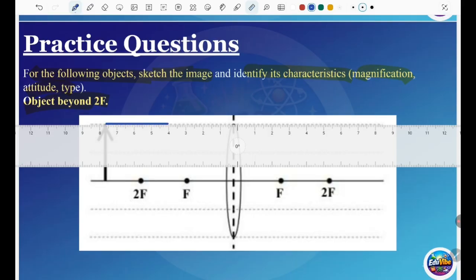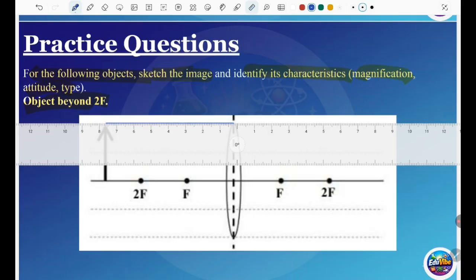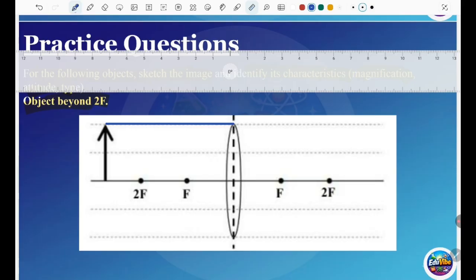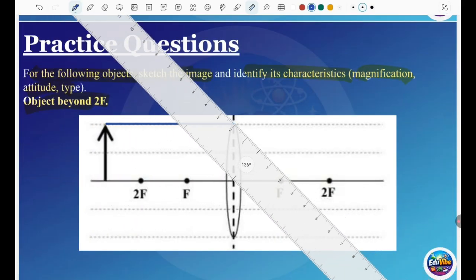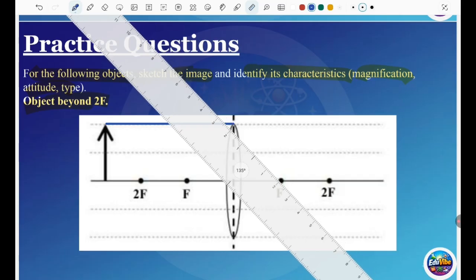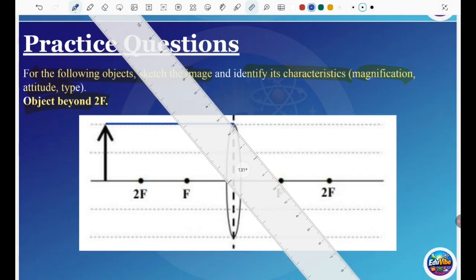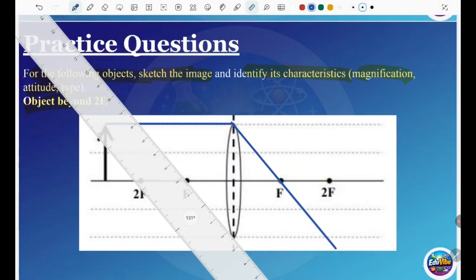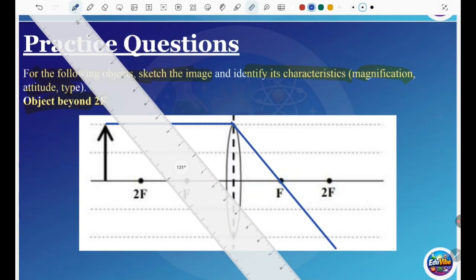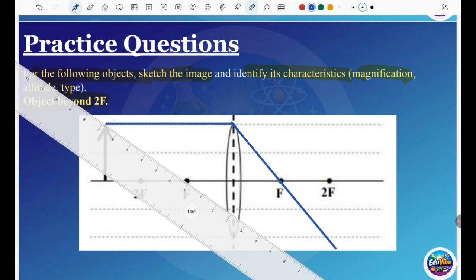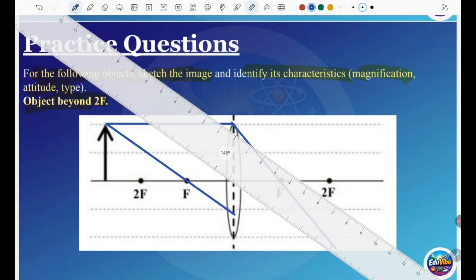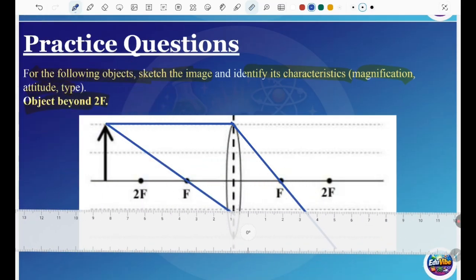Firstly, I draw a ray parallel to the principal axis, this incident ray to the lens, and then on the other side it passes through the principal focus. Then the other ray passes through the principal focus on that side, and after the lens it goes parallel to the principal axis.